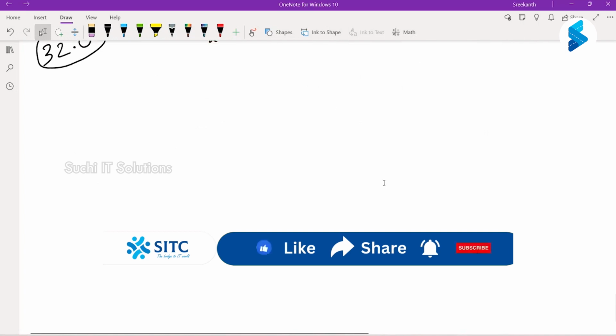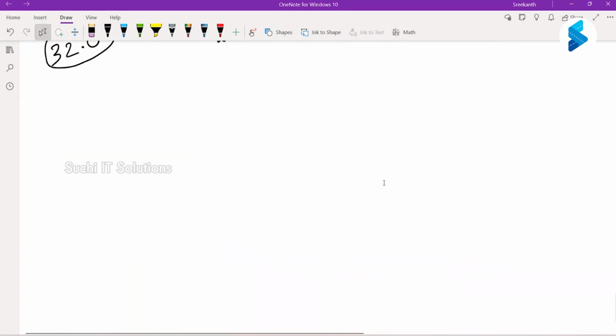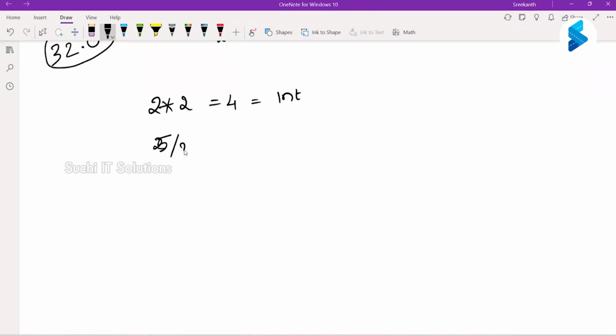So how Python internally computes any product. With respect to the numbers, it applies the BODMAS rule internally. So let us say 2 into 2 will result in 4, which is an integer. 5 by 2 will result in 2.5, which is going to be float.